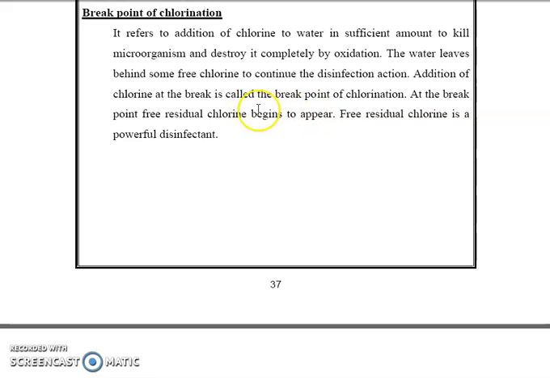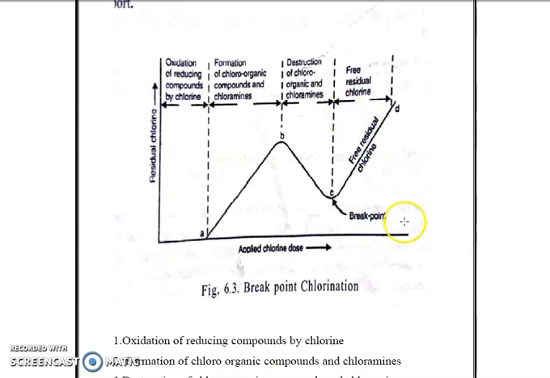Addition of chlorine at the breakpoint is called the breakpoint of chlorination. C is the breakpoint. The amount of chlorine added to obtain this breakpoint is known as the breakpoint of chlorination. After the breakpoint, the chlorine added exists as free residual chlorine.